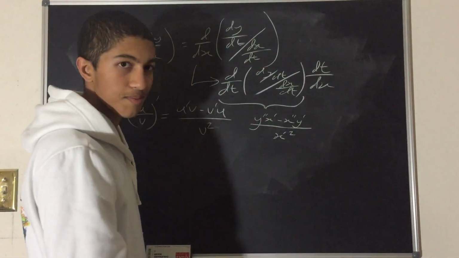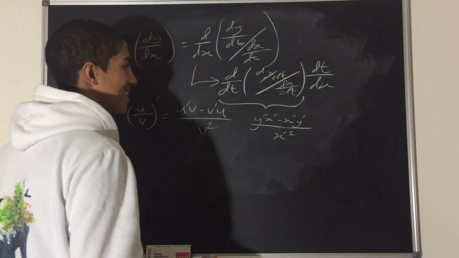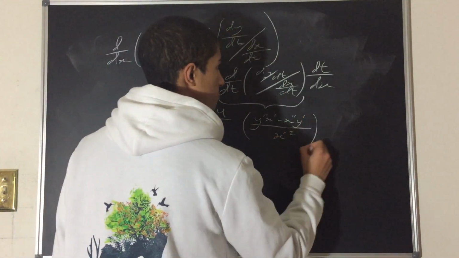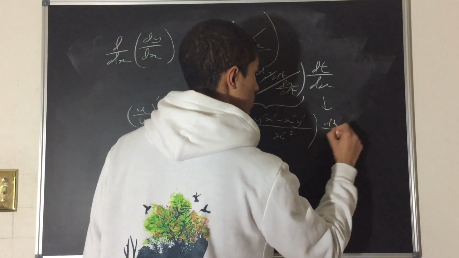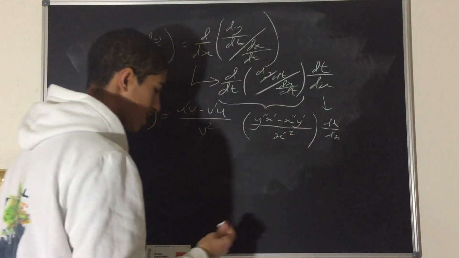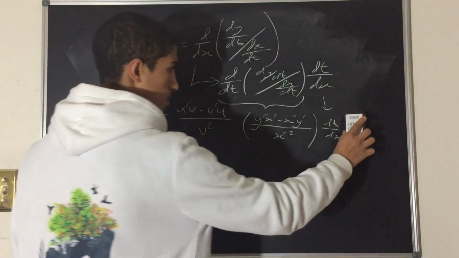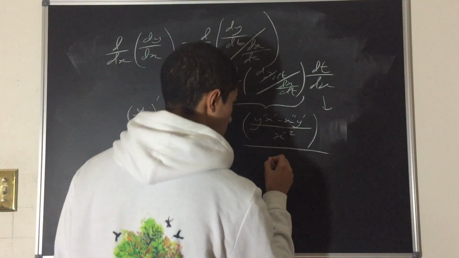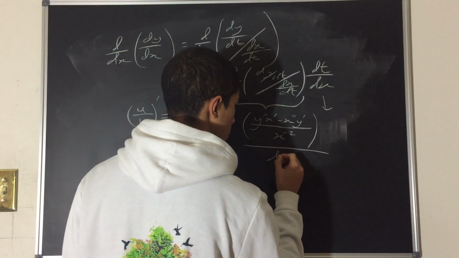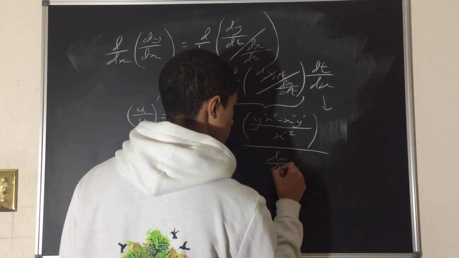And that's not x to the power of 12, that's x prime squared. And all of this into my dt by dx, which is essentially just dividing it by dx by dt.